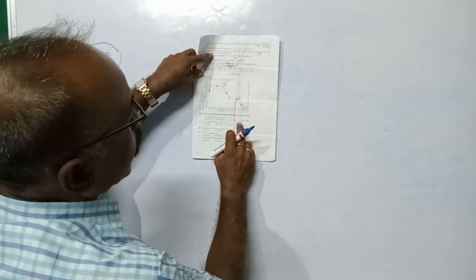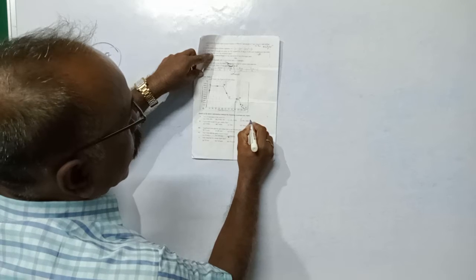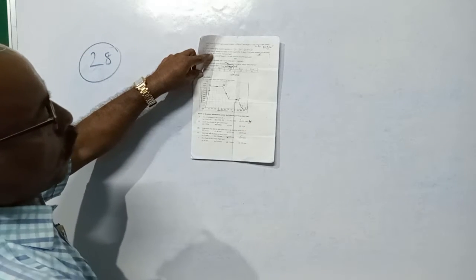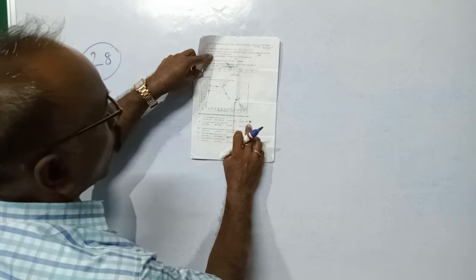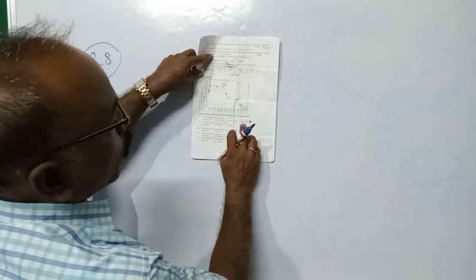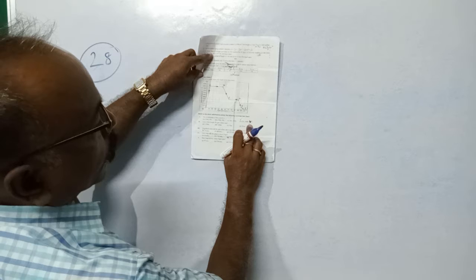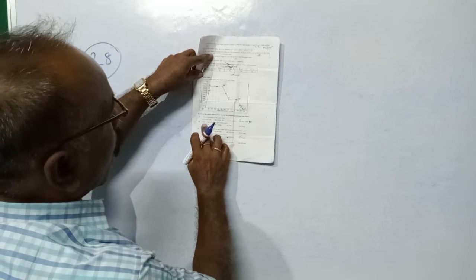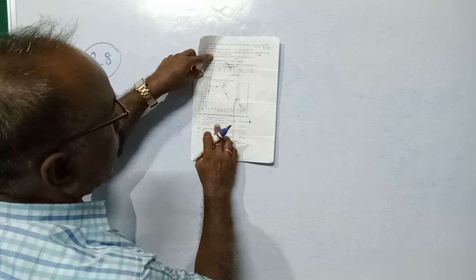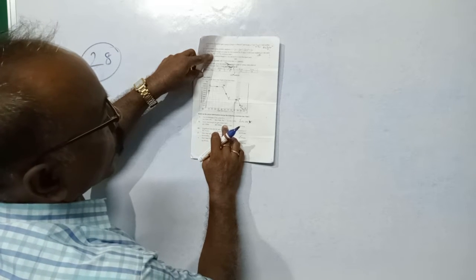You see D is the accurate answer. So position B is (50, 1000). This is the coordinate.